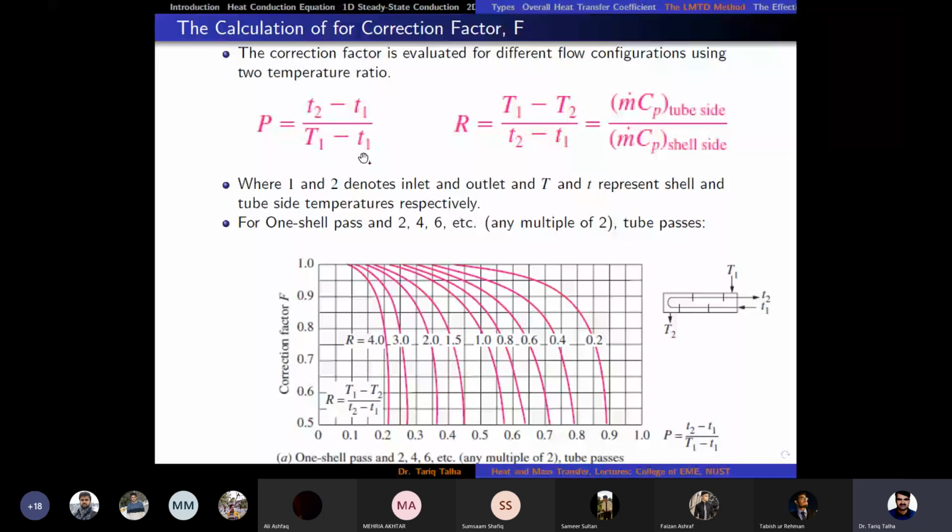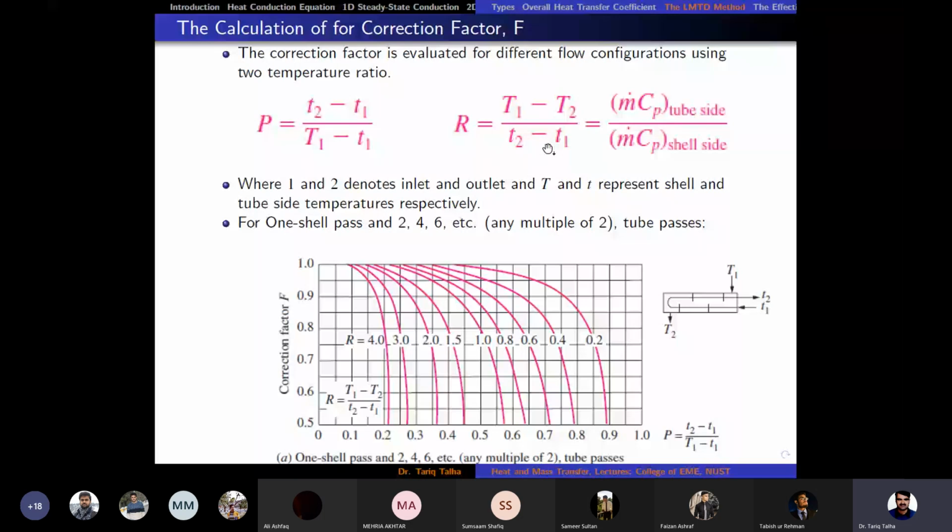So here, if you see in this notation, the graphs are given. Now for one shell pass and multiple tube passes, these are the graphs. And R is similarly capital T1 minus capital T2, divided by small t2 minus t1.